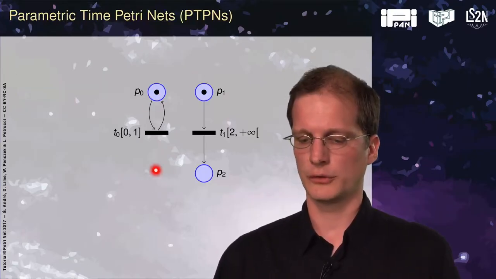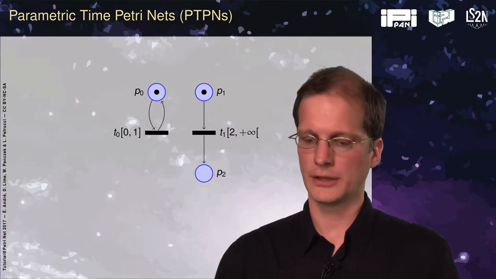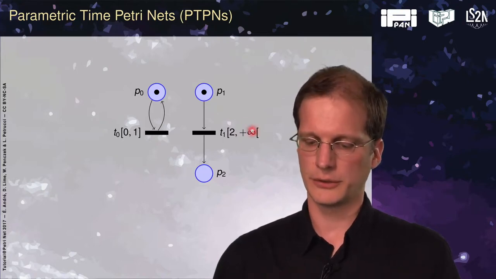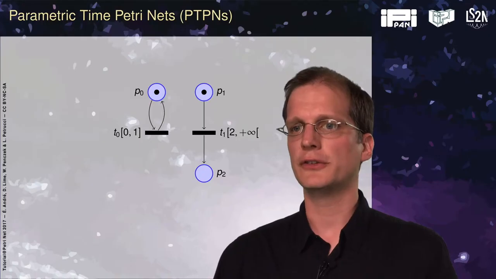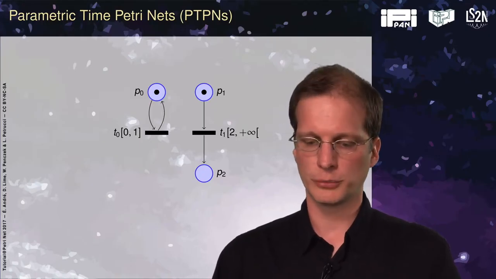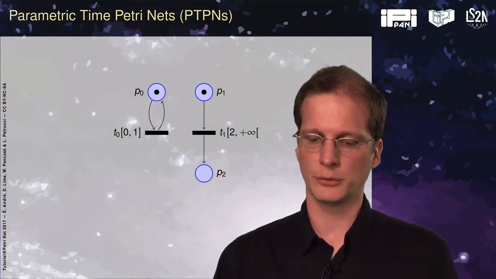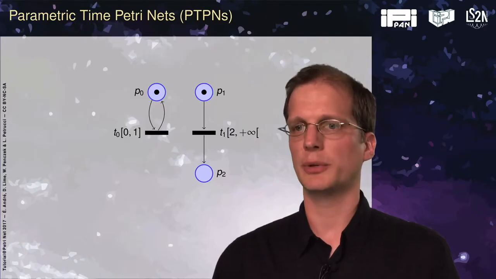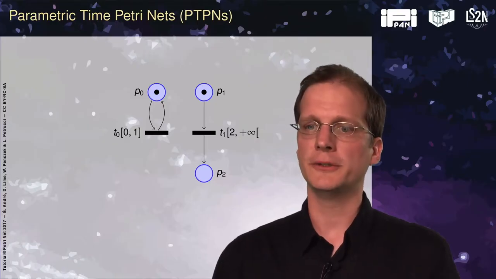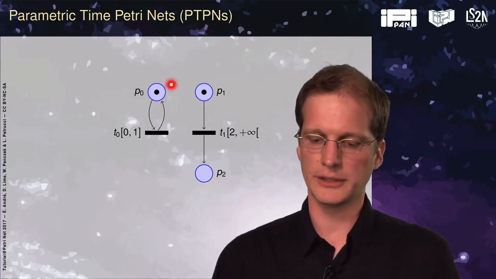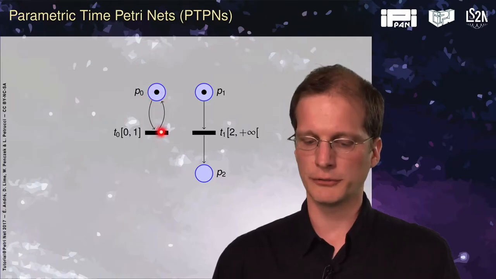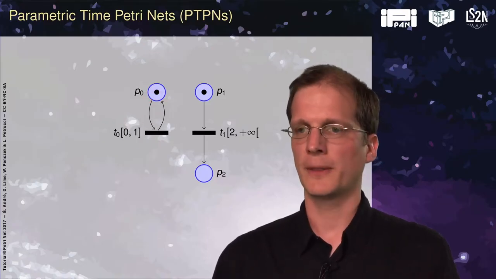So we have a normal Petri net, and transitions are annotated with intervals that specify how long the transition should be enabled to be able to fire. So now we can distinguish between enabledness, so we have enough tokens in the input places, and fireability: the transition is enabled, but also it has been enabled for a sufficiently long time.